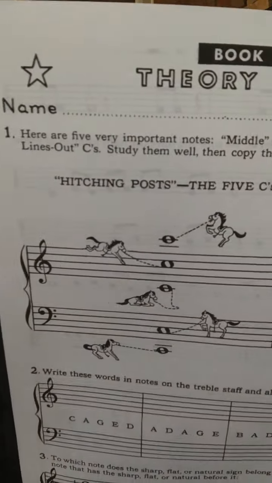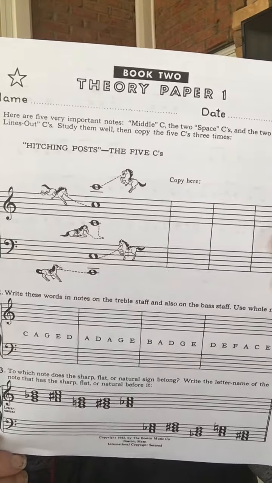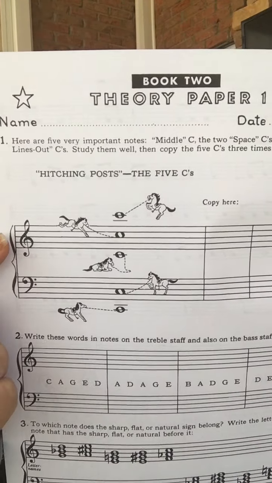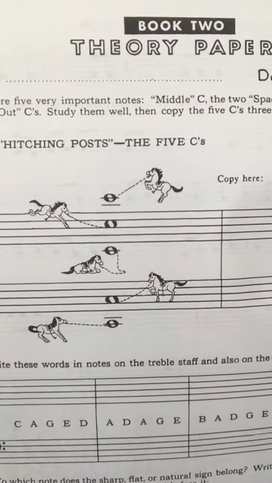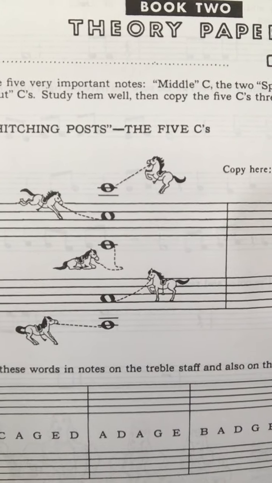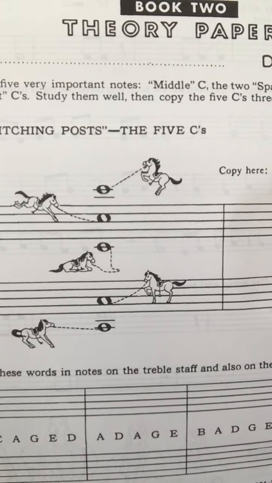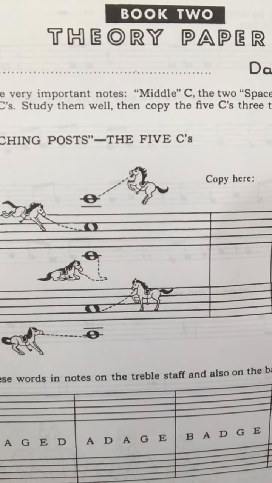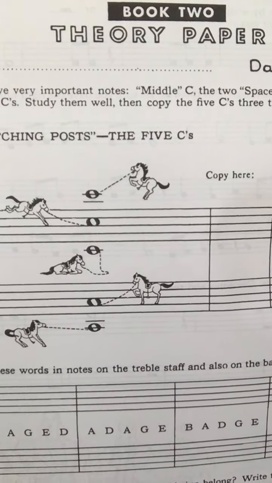All right, now let's jump in and talk about our first theory paper. The first thing they're going to teach you is how to identify 5 C's on the music staff. Two of those C's are very high and very low, and they look the same.